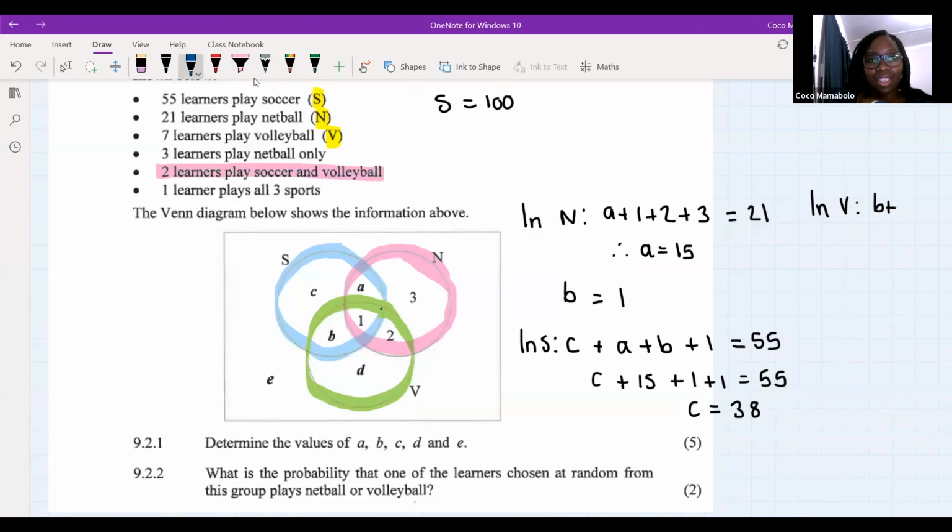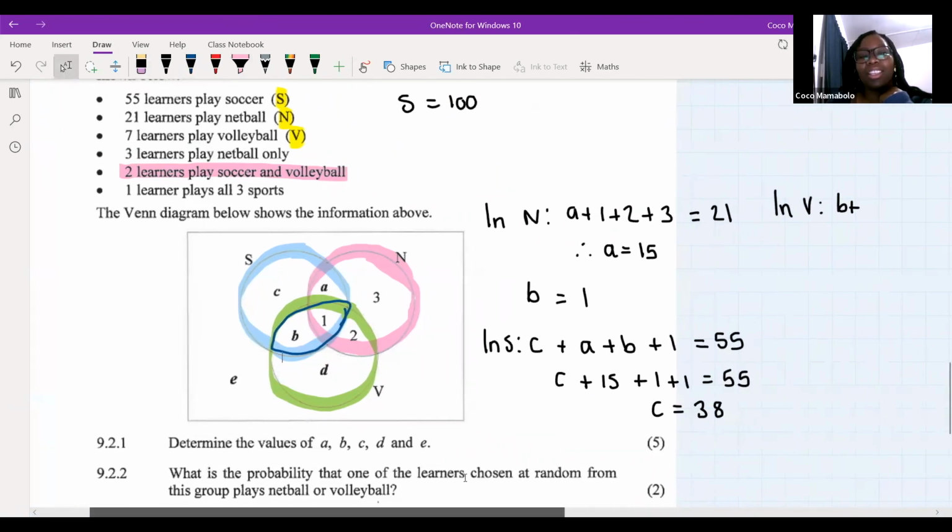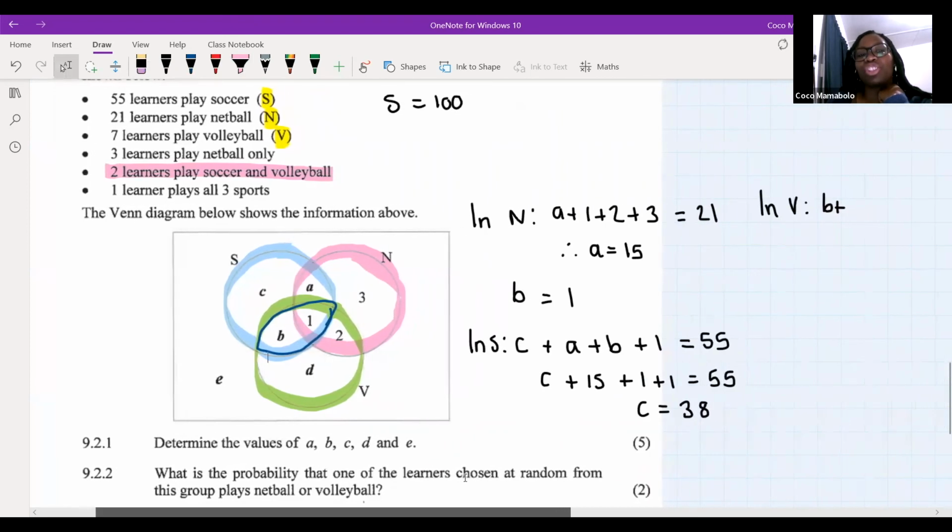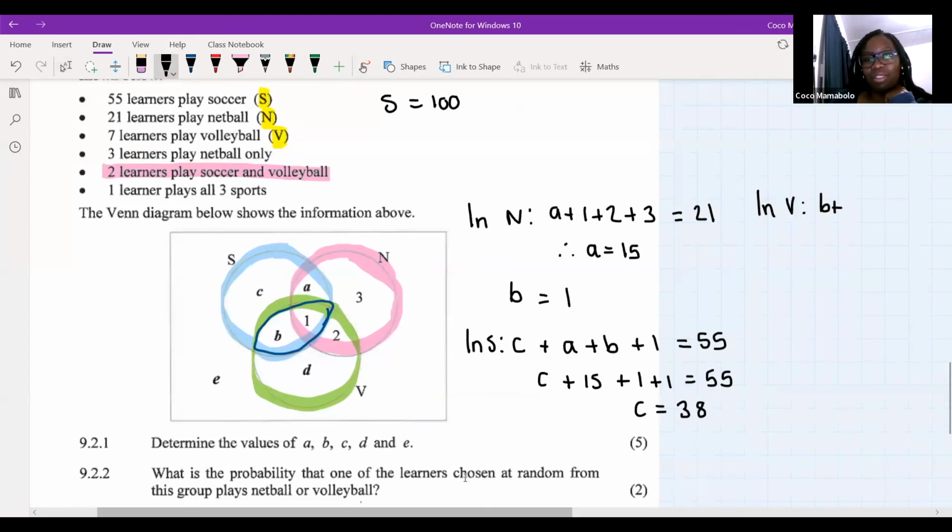And that's this intersection over here between soccer and volleyball. Now, we already have one player who plays soccer and volleyball. That means B has to be 1 because there are 2 learners who play soccer and volleyball. You guys see it now? I hope it makes a lot more sense. Yeah, see, that's why I'm saying if you didn't read all the information, you may have missed it.